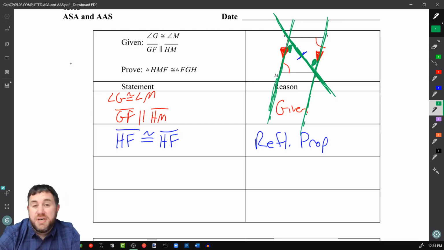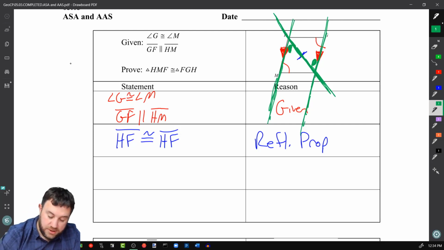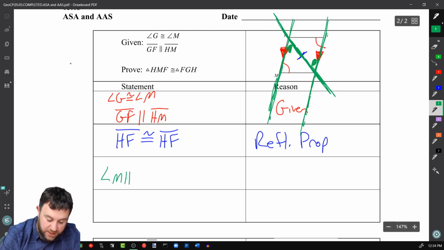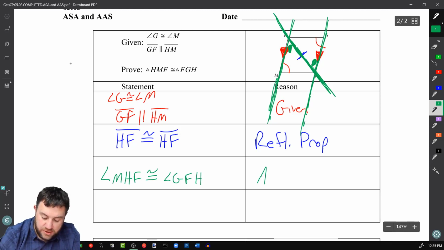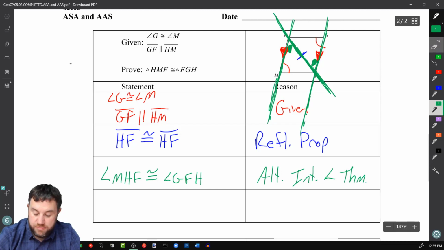Those are alternate interior angles, and you know that those angles should be congruent when the lines are parallel. So that's angle MHF and angle GFH. And the reason those are congruent is the alternate interior angle theorem.